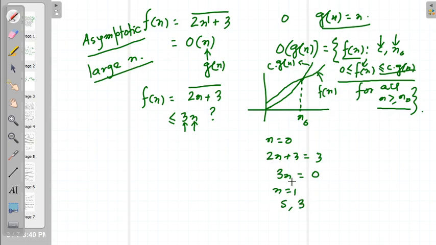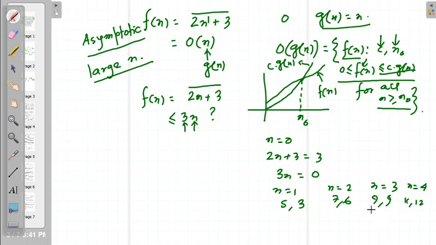Still not satisfied. For n equals 2, it will be 4 plus 3, 7, and this is 6. Still not satisfied. N equals 3, this is 6 plus 3, 9, and this is 9. N equals 4, this is 8 plus 3, 11, and this is 12.